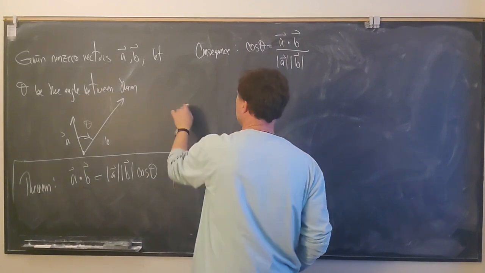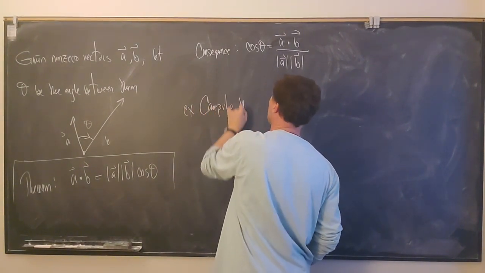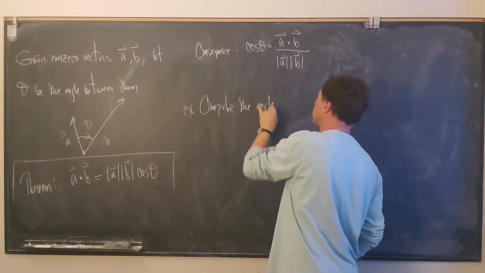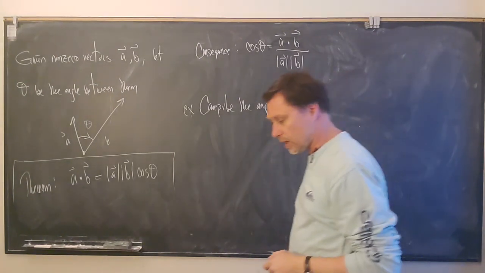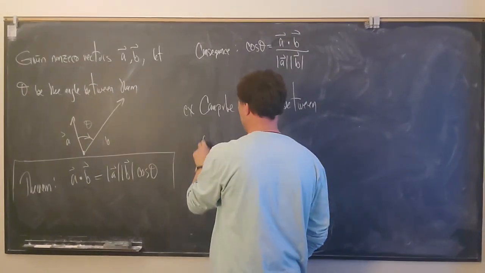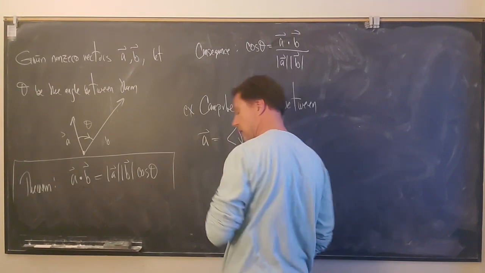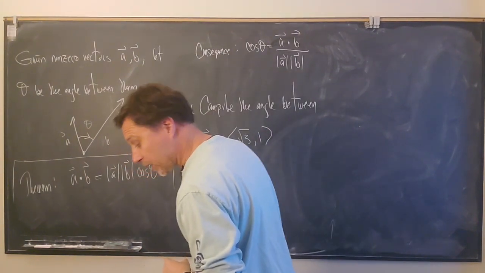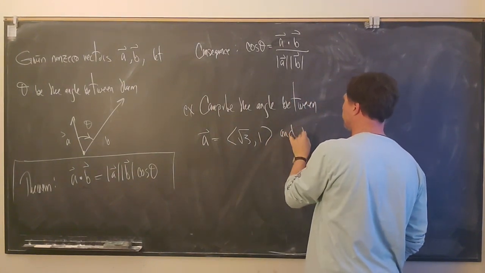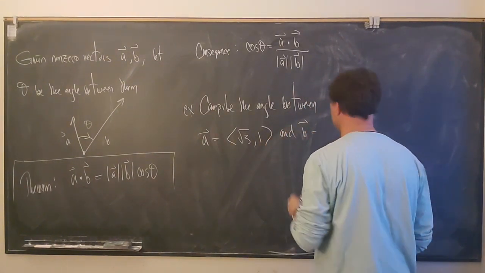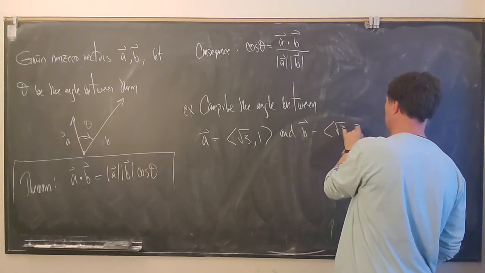So, for example, let's compute the angle between, so my first vector is going to be a, which is root 3 comma 1, and b is going to be root 3 comma 3.